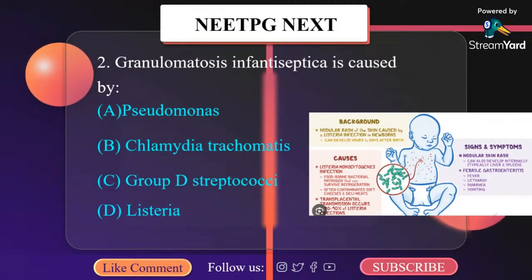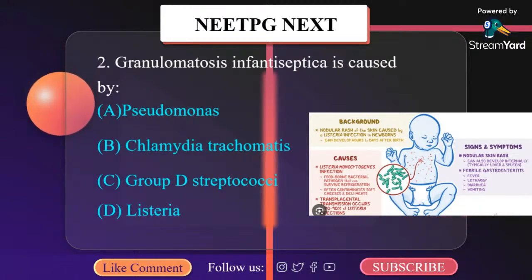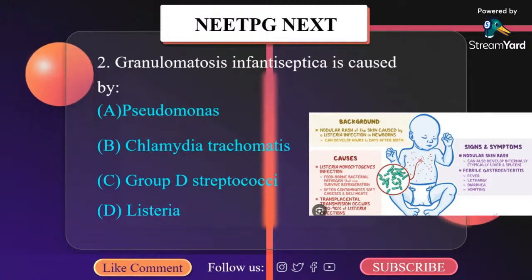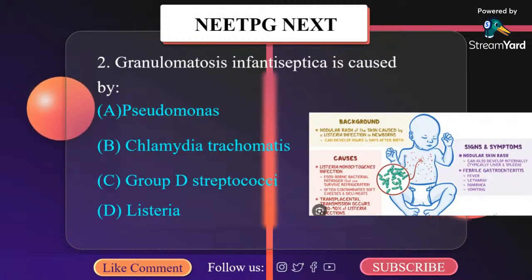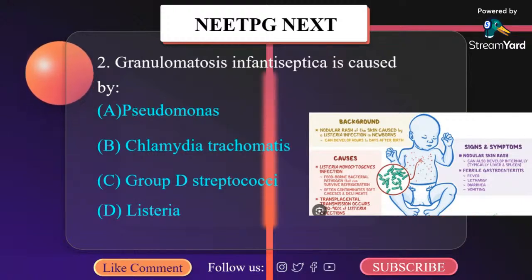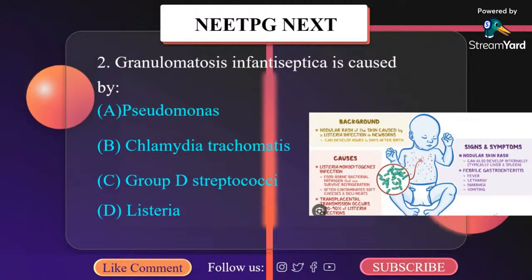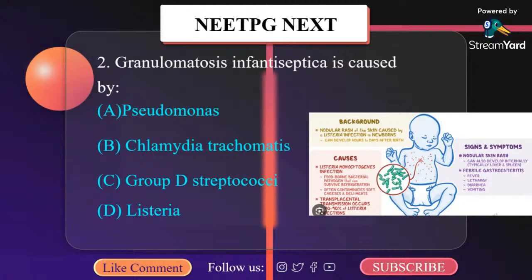The predominant feature of this condition is extensive focal necrosis, affecting especially the liver and less often the lungs. The mortality rate is quite high. Occasionally, meningitis may be associated with it. The organism can be isolated from the affected areas in the child, and frequently it can be isolated from the genital tract of the mother, who may or may not manifest the disease. So the correct answer here is D, Listeria.